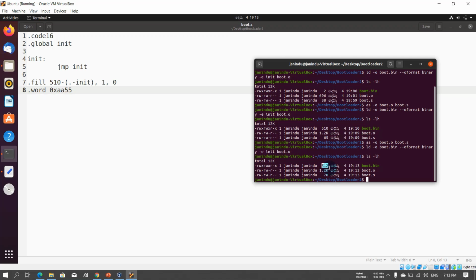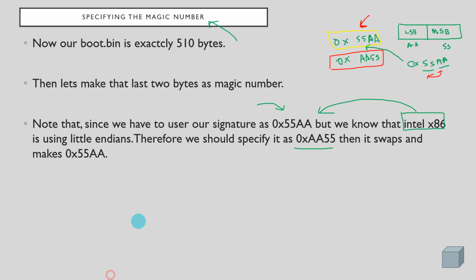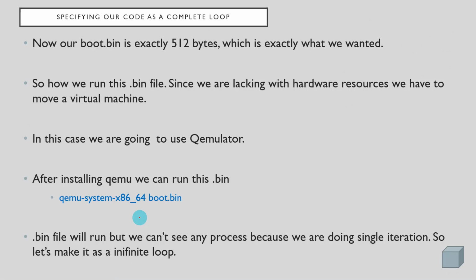Now it is 512 bytes. So now the size of the bootloader is successfully initialized. Now we can move further. Now our boot.bin file is exactly 512 bytes.